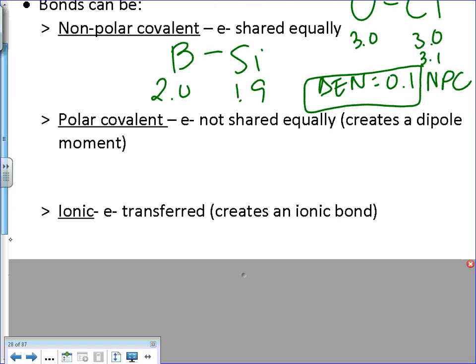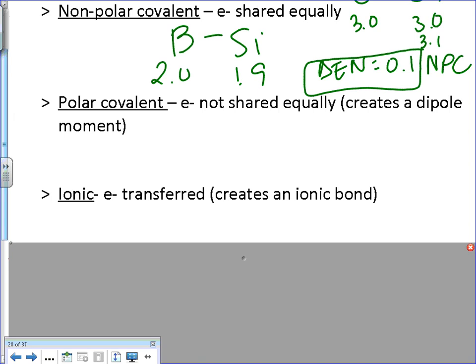So the one where we do draw a dipole moment, let's go, Nicole, you and Jasmine pick out two that would create a polar covalent bond, according to the values on the paper. Something with a mediocre EN value difference.